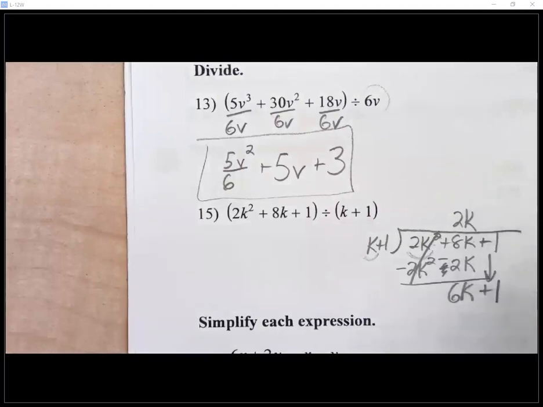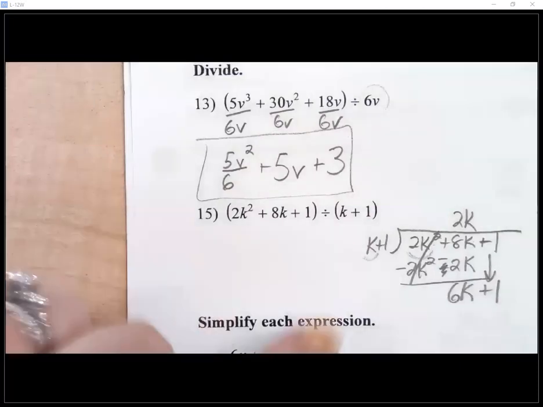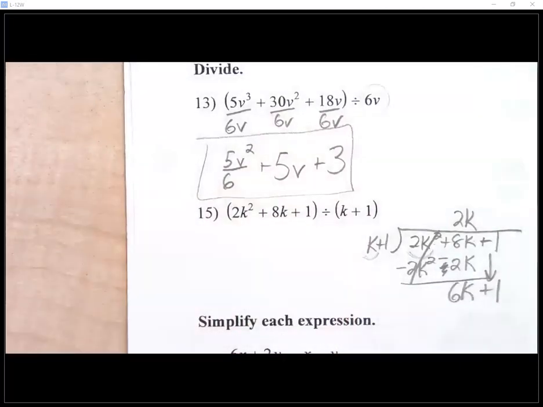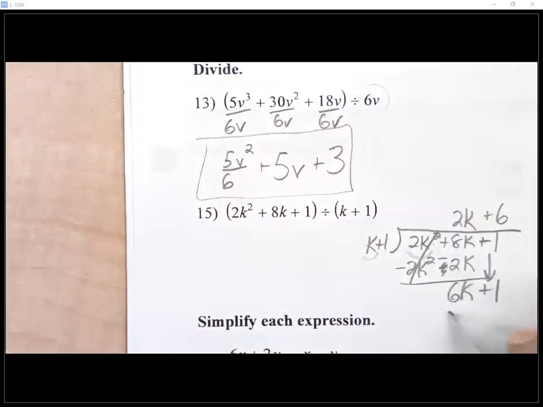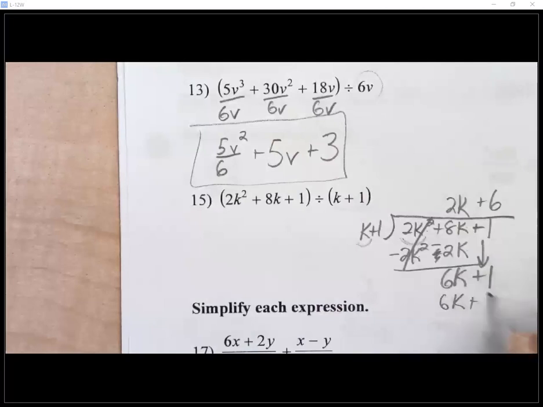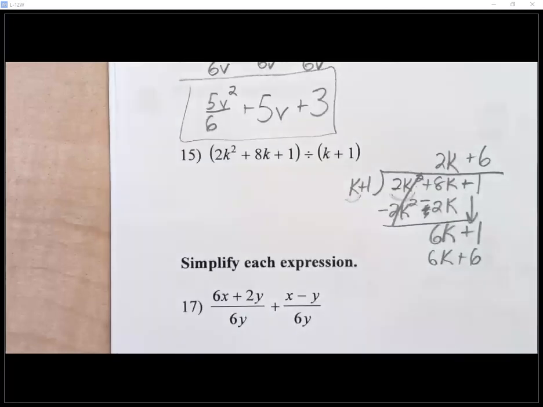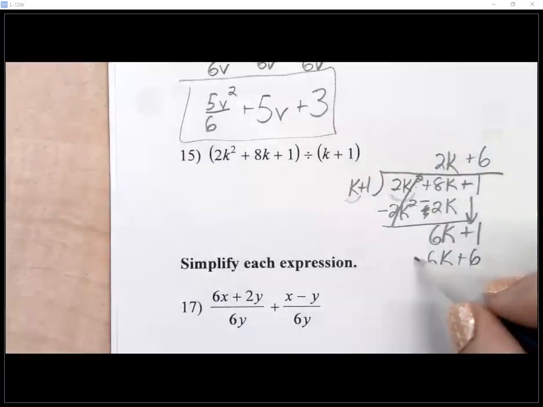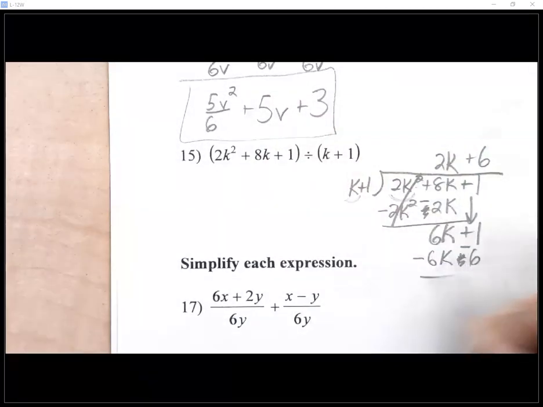Bring down your +1, and then you just repeat the process. What do you multiply k by to get 6k? 6. So up top goes a +6. Multiply +6 by what's out in front. And then just like before, after you multiply, you subtract. 6k's cancel. +1 minus 6 leaves me with a -5.